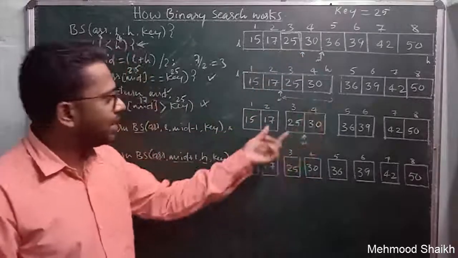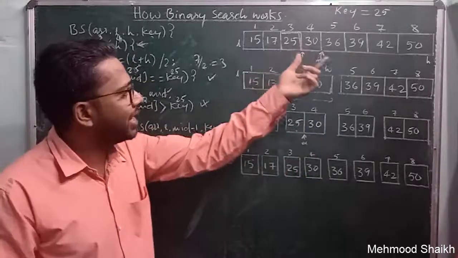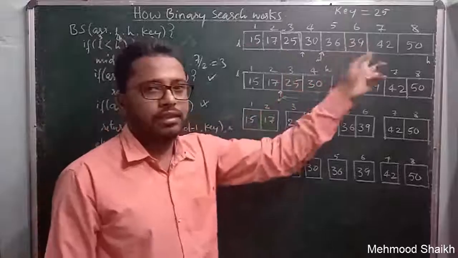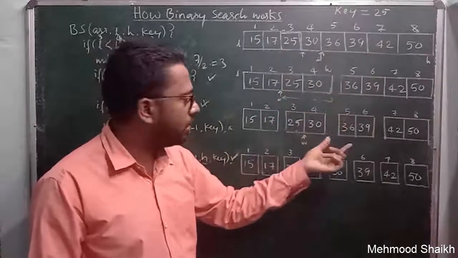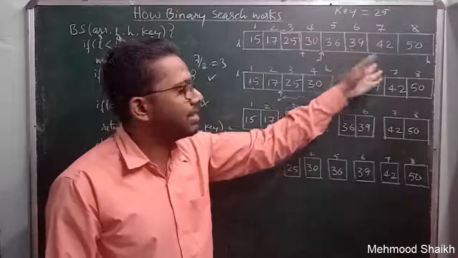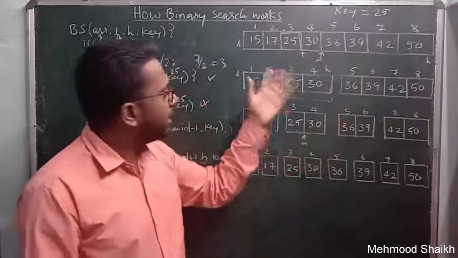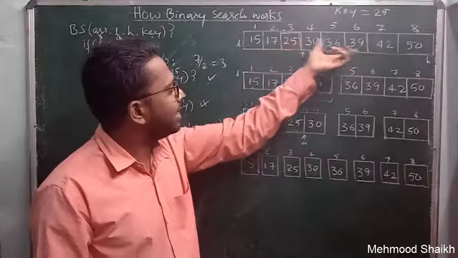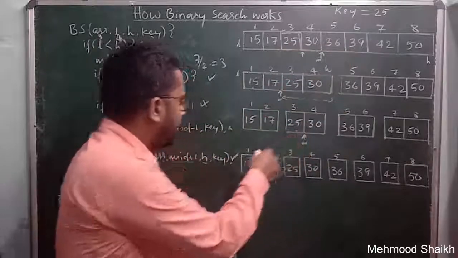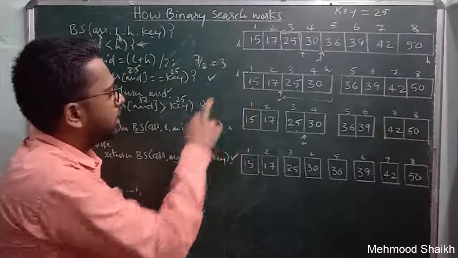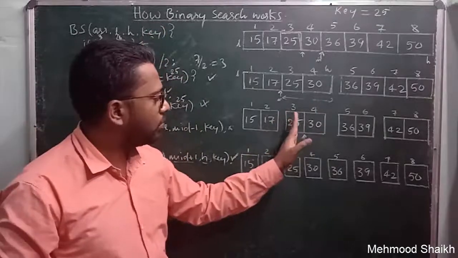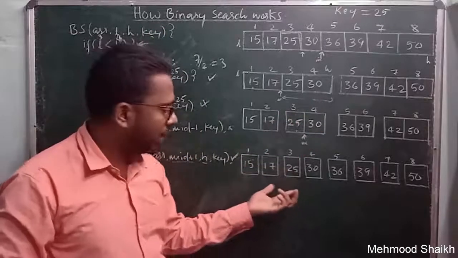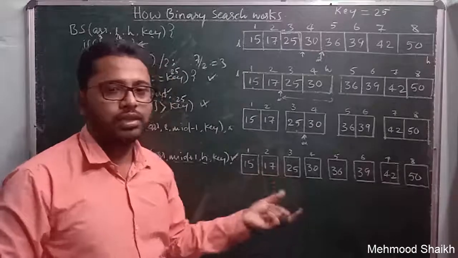In this problem the key element was present in the array. What if the key element we are searching for is not present in this array? Then it will keep making binary search recursive calls, dividing the subproblem into further subproblems until we reach the smallest subproblem.